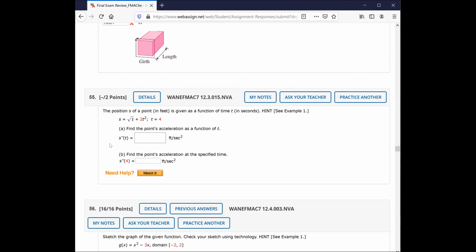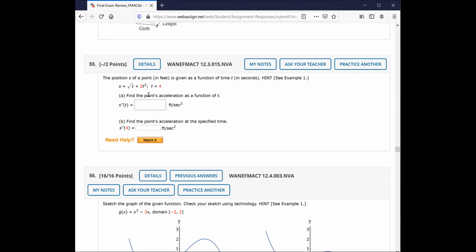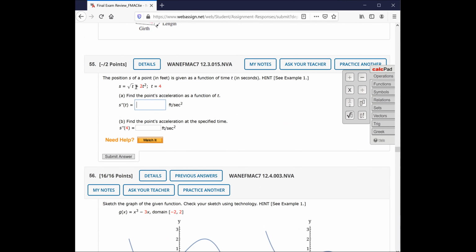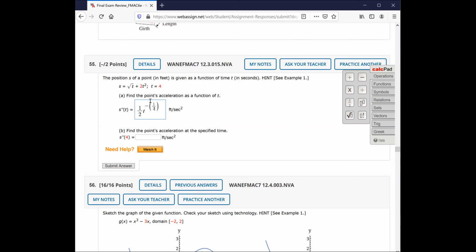55, do we need to go through? It's the start of a new section. Yes. Okay, so 55 is the second derivative of this. The first derivative is t to the minus 1/2 plus 4t.